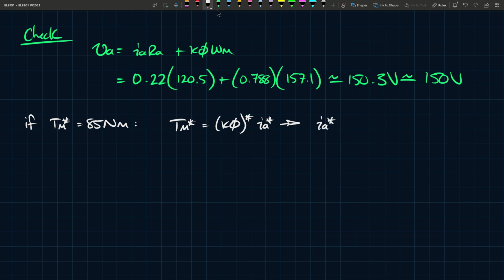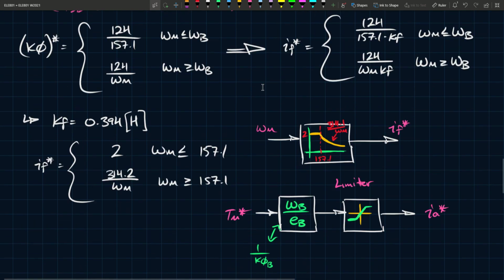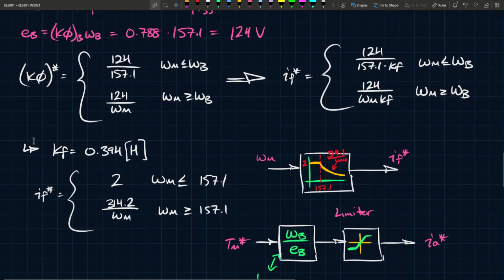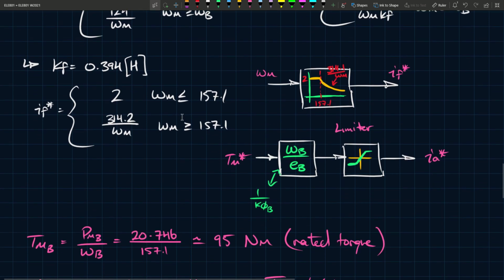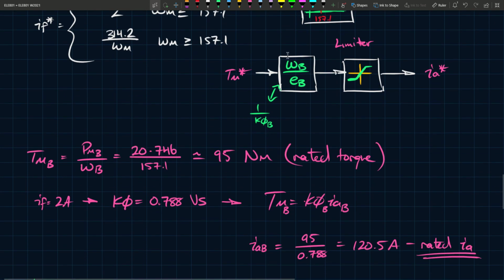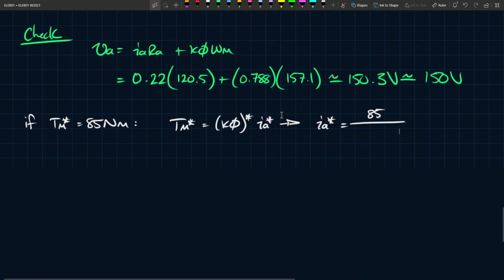So you have IA star, and the reference in this case is 85. And remember, this K phi, we're using these expressions here. All of these relationships that we have here, essentially this block is what we're using in the form of an equation.